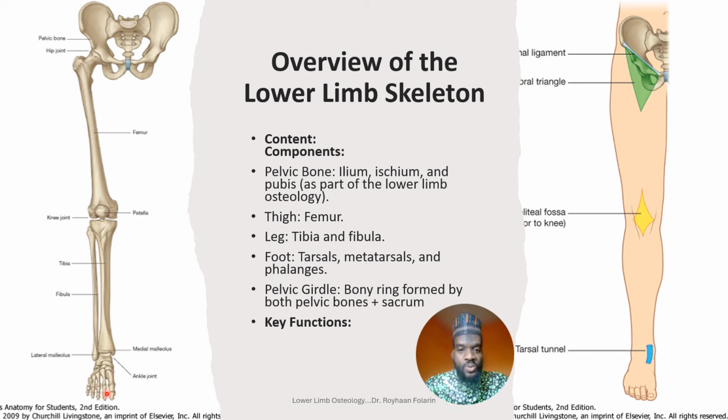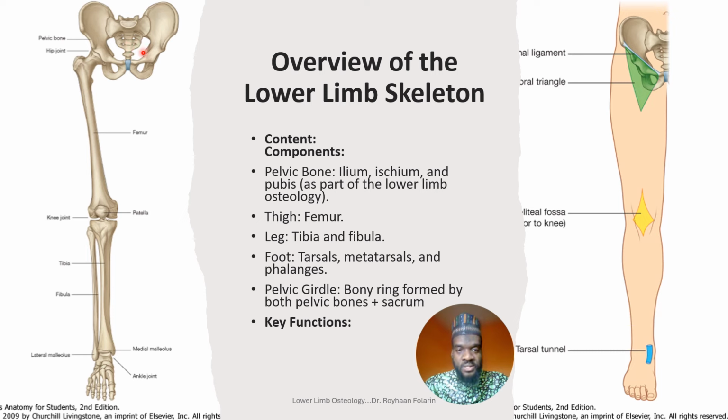When we say pelvic girdle, that refers to the bony ring formed by both pelvic bones, both hip bones considered together, along with the sacrum in the middle. The sacrum is that triangular bone at the base of the spine.